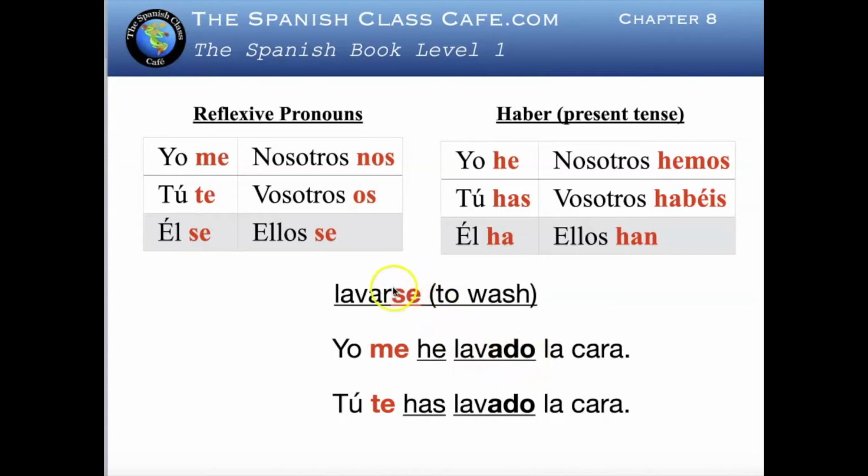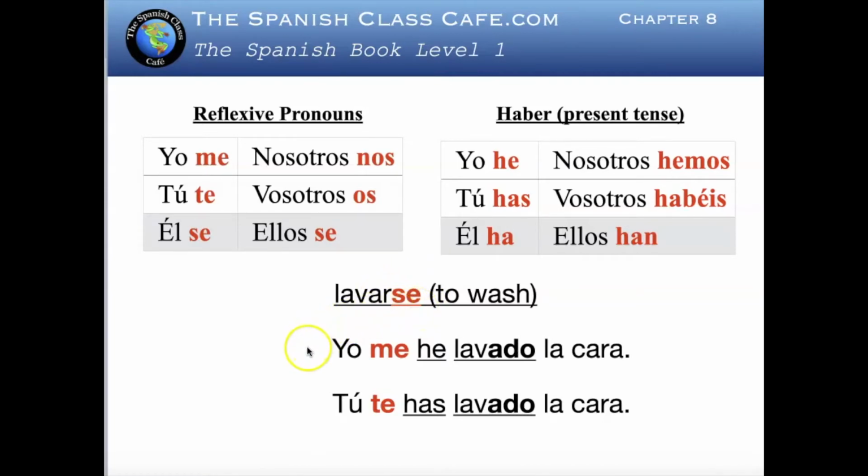Now, what do we do with the SE? This is like a little flag when you look at verbs in the dictionary and you see verbs AR or IR that end in an SE. It's like a little flag that says, I'm reflexive. That means you have to use the reflexive pronoun in the sentence.